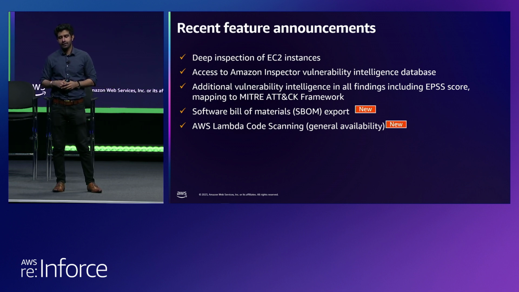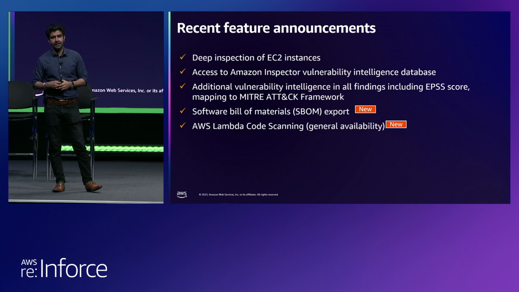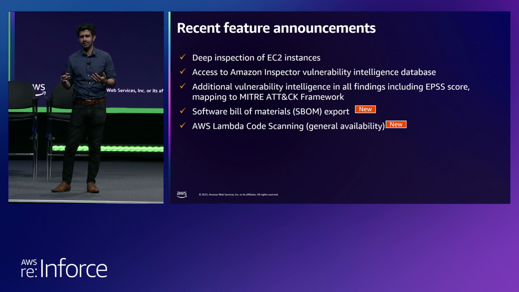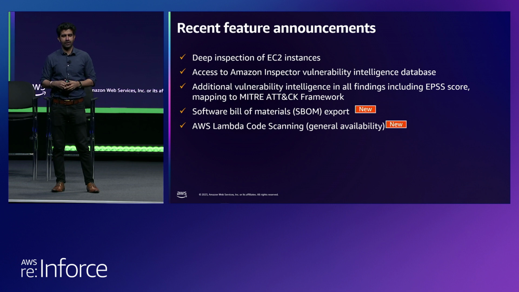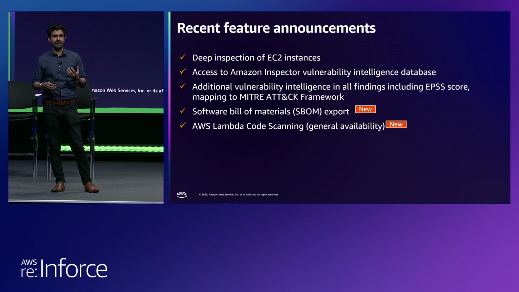We also included more vulnerability intelligence, so things like EPSS score. EPSS score is the exploit prediction scoring system, which is not new, but it has gained more adoption and traction recently. It's provided by the same organization that provides CVSS score, FIRST, and it really helps contextualize and give more details about which CVE can be exploited.